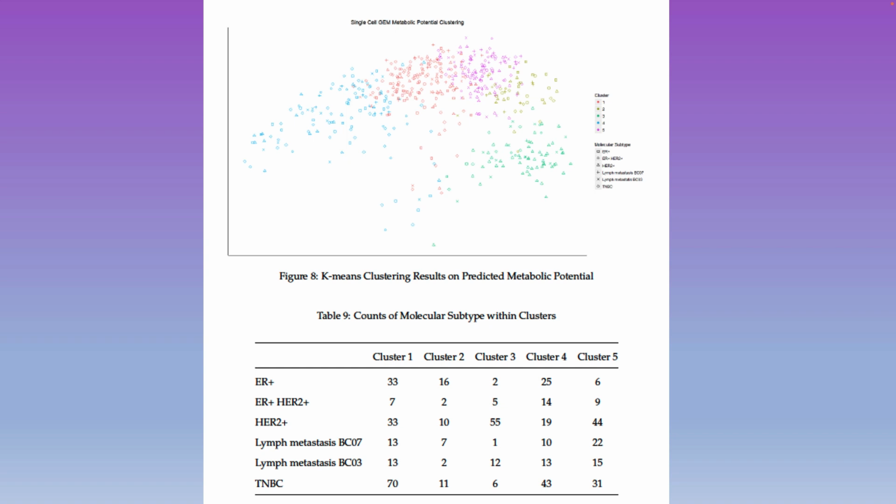Then we tried to figure out, can we cluster, for instance, different breast cancer cell types by their metabolism instead of their RNA-seq? Does that give us a different way of thinking about these samples and what might be driving them? It's another way to think about how we can use this data.